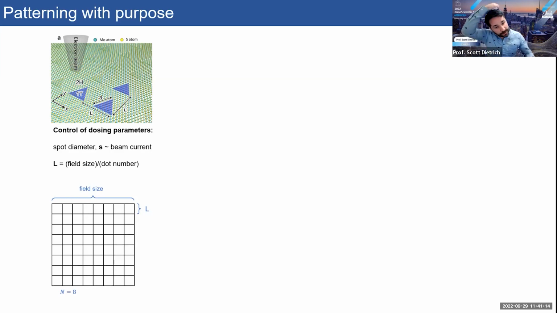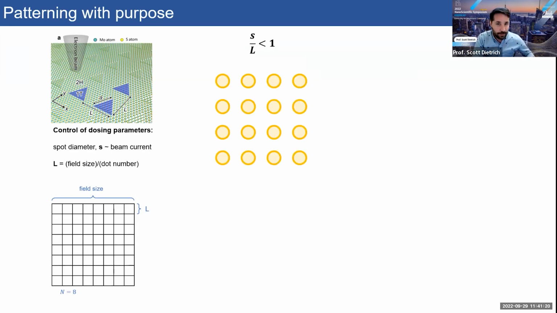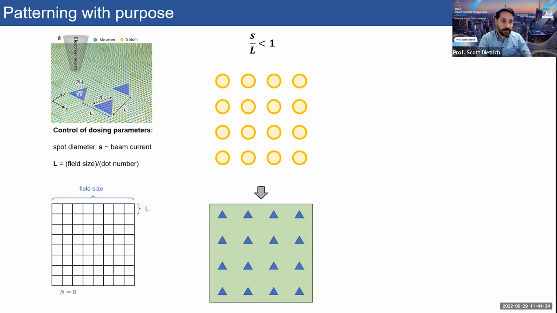And so we can dwell at a certain time on each pixel and create islands in the size that we want. If we pick a spot size that's smaller than the pitch between points, we would get isolated islands. So here, each time the beam stops and exposes for time t, this would produce these blue islands of the metallic phase in an ocean of semiconductor.